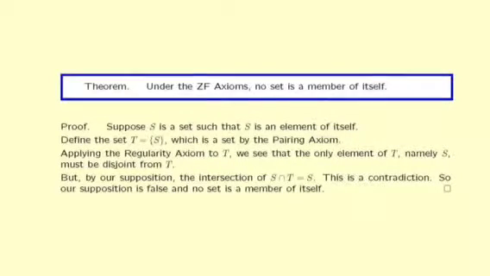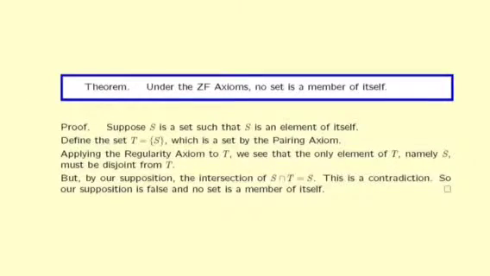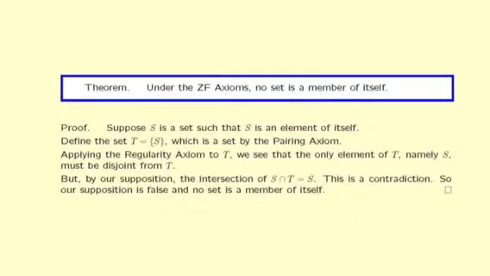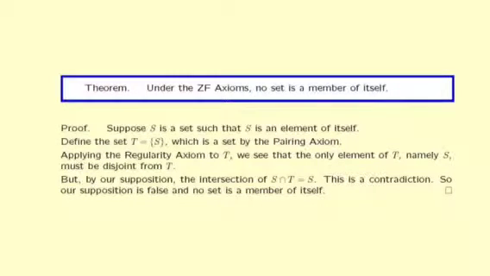But now let's apply the regularity axiom to T. And what does it tell us? It says that the set T must contain an element with trivial intersection with T.